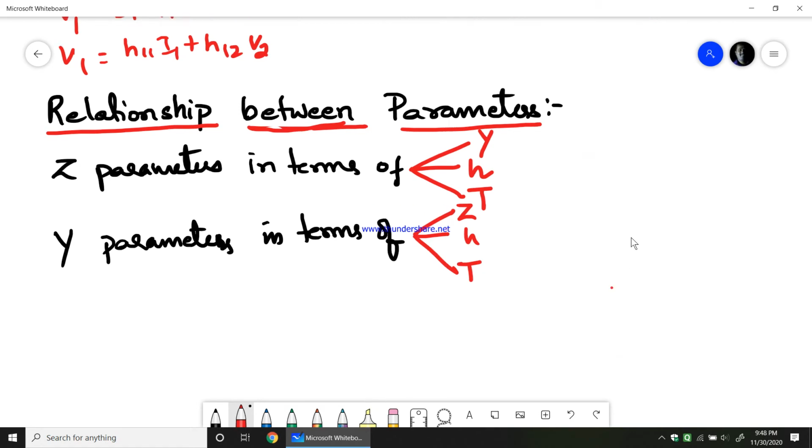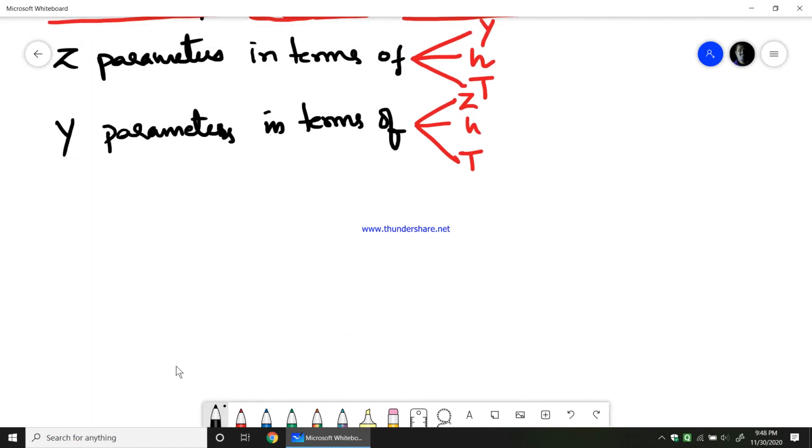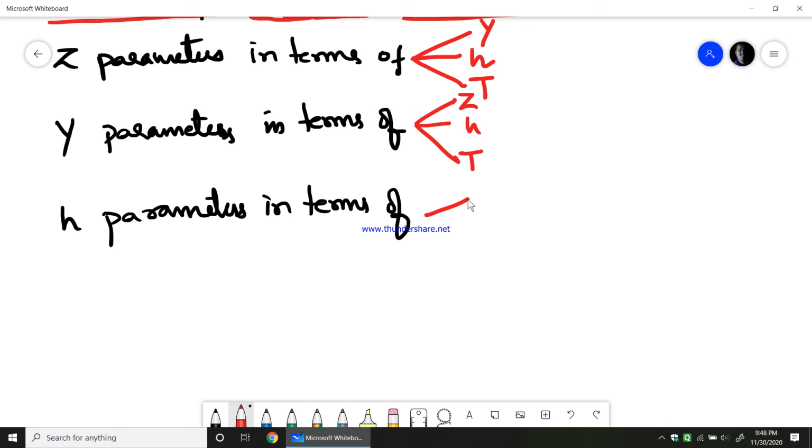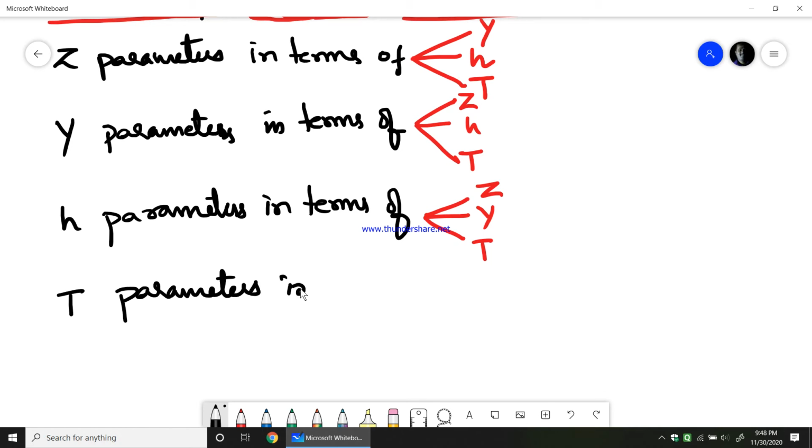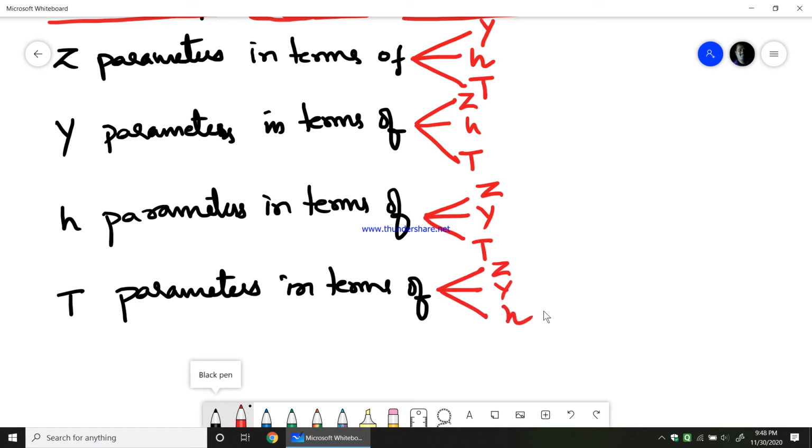Similarly we derive H parameters in terms of Z, Y and T. Similarly we derive T parameters in terms of Z, Y and H. So totally we'll have 3, 3, 6 plus 3, 9 plus 3, 12 different derivations that we normally do.